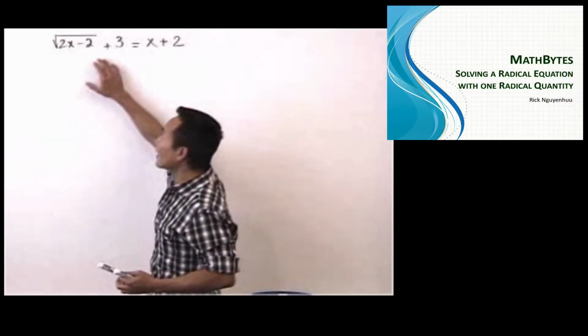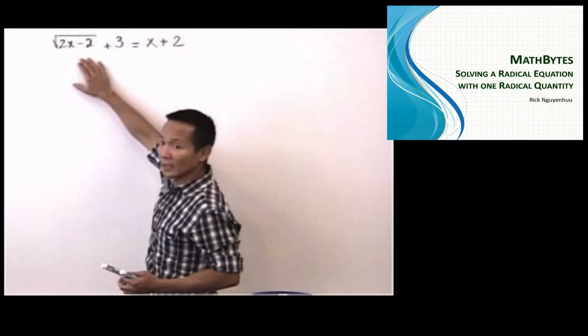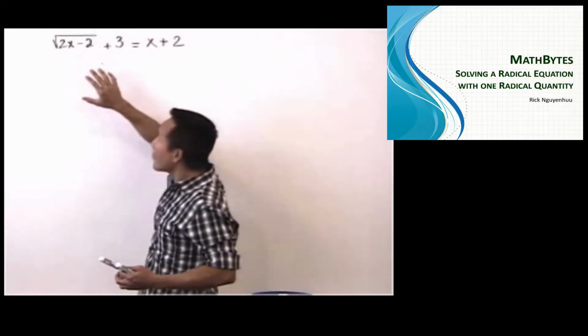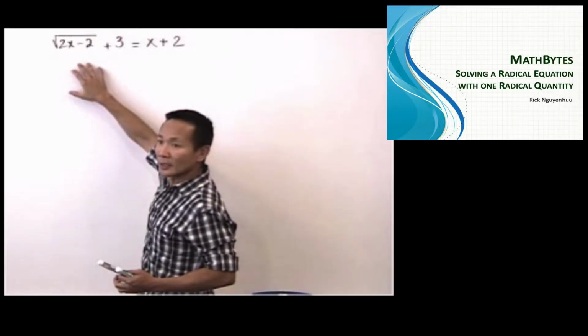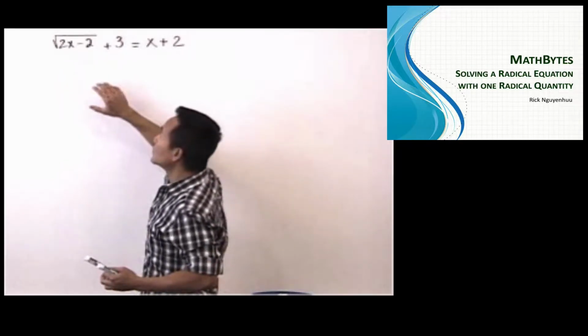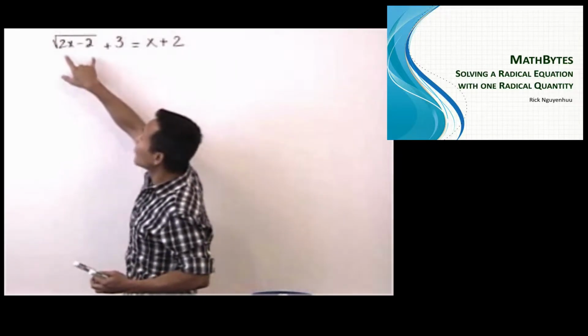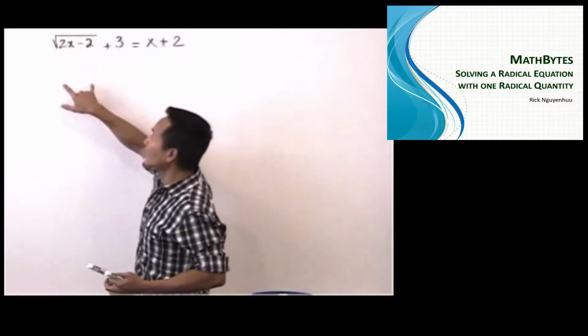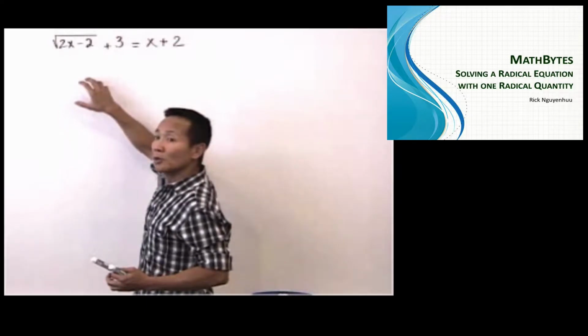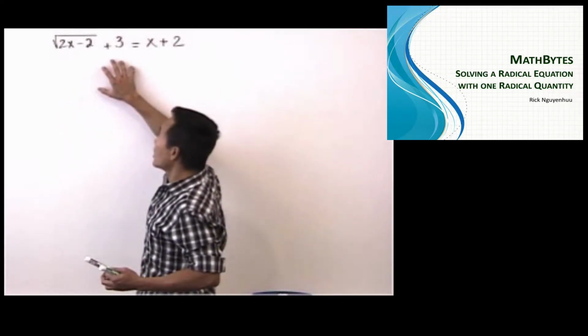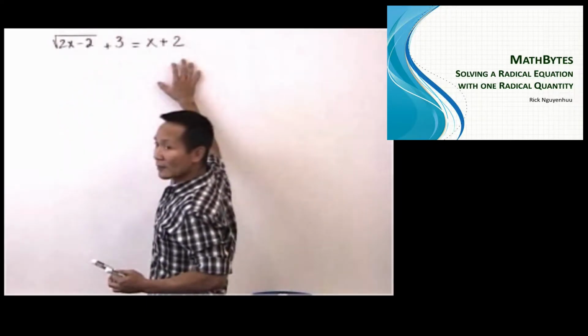Since we only have one radical quantity here, it's better for you to isolate the radical quantity. So I want you to have only this radical quantity on one side of the equation, and we're going to move all the numbers or variables to the other side of the equation.